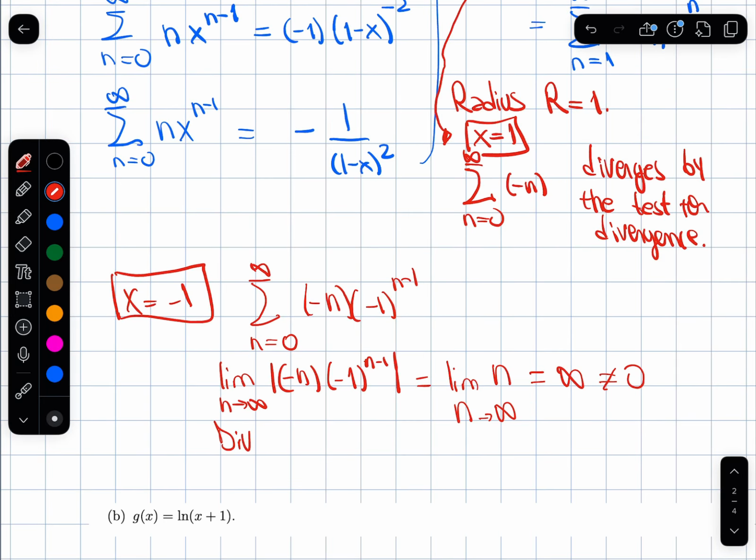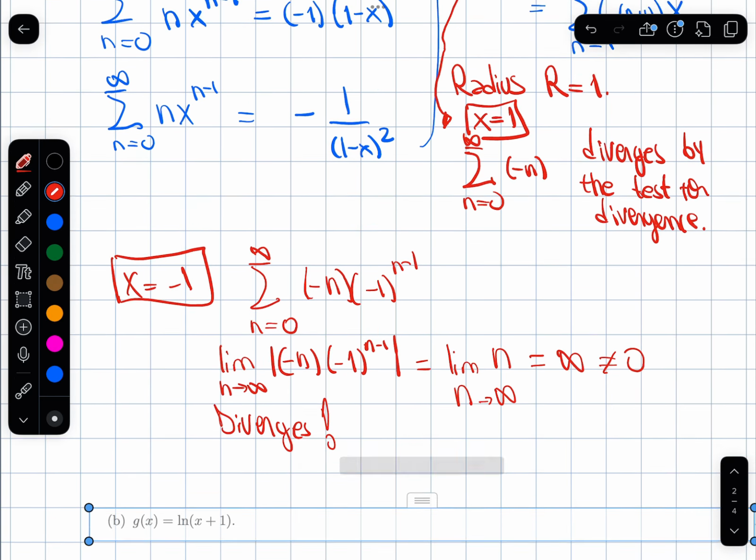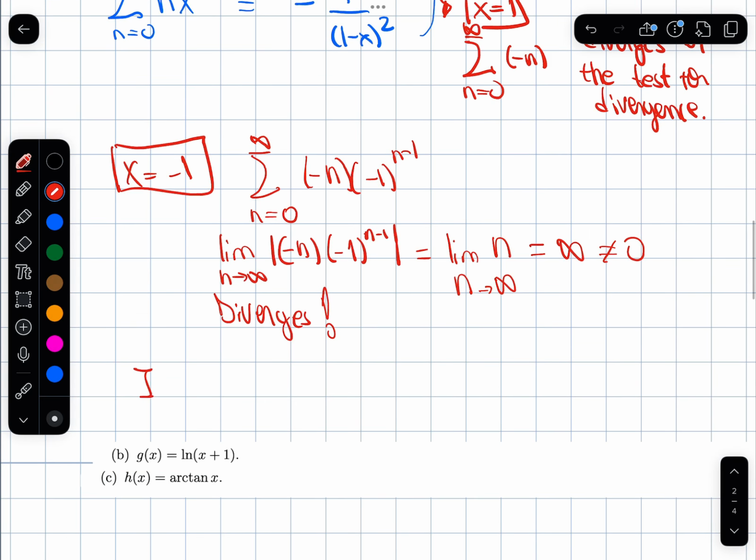So it also diverges by the test for divergence. And so the interval of convergence remains -1, 1. There's no need to include endpoints this time.